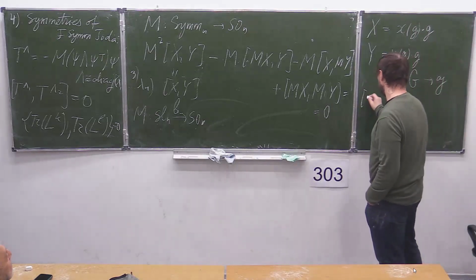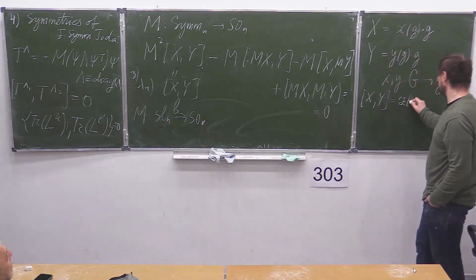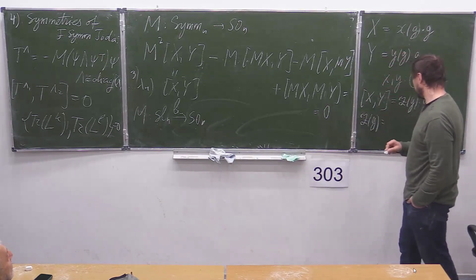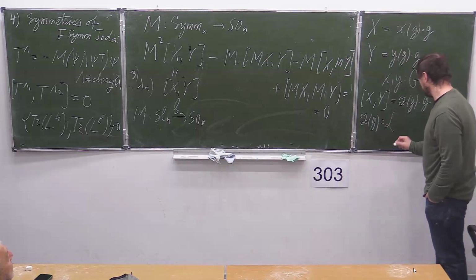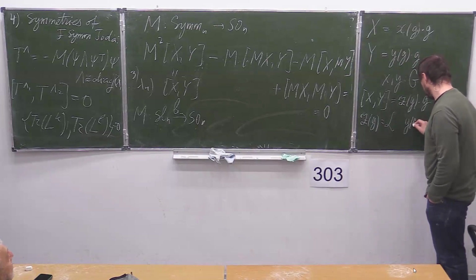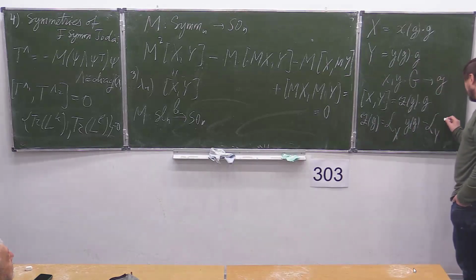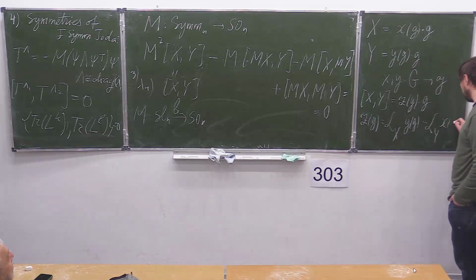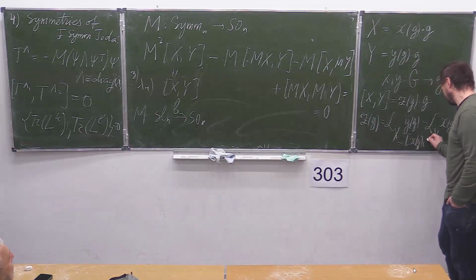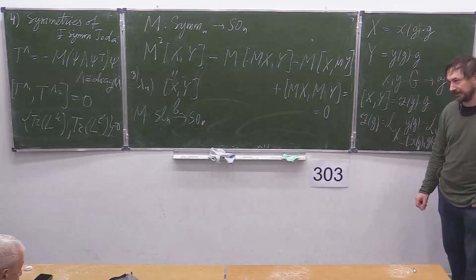Then you can write the commutator of X and Y as Z(g) multiplied by g, and Z(g) can be written as follows. You take the derivative of the vector-valued function y along the vector field X, subtract the derivative of x along Y, and subtract the commutator of x and y in the sense of the Lie algebra.